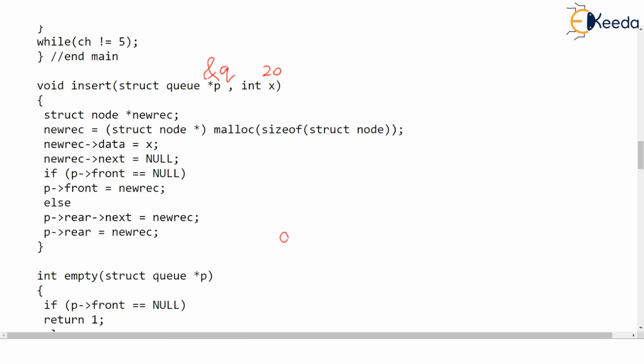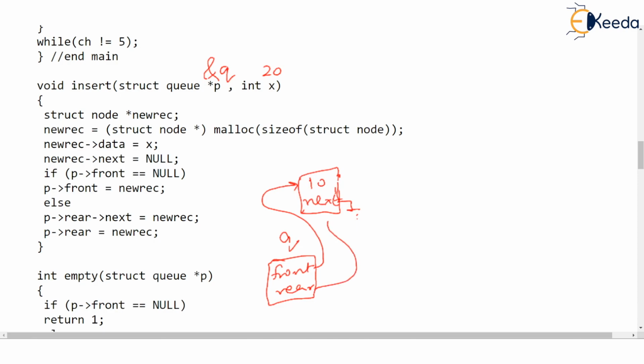So currently the queue, which had front and rear, front is pointing to the node which stores 10. And this 10 has an associated next which has null, and rear is also pointing to the same node. Now let's try to insert 20.